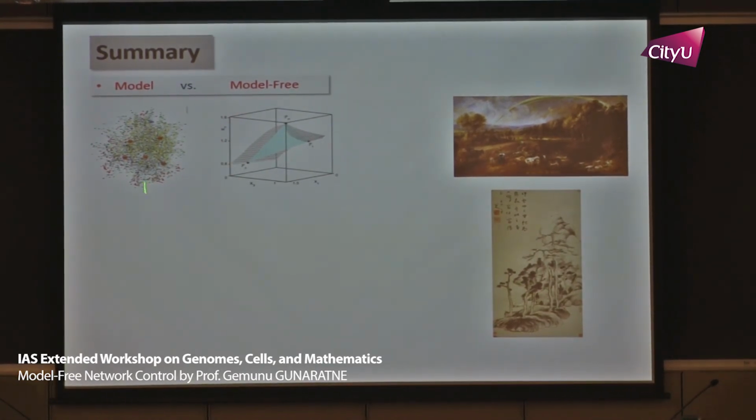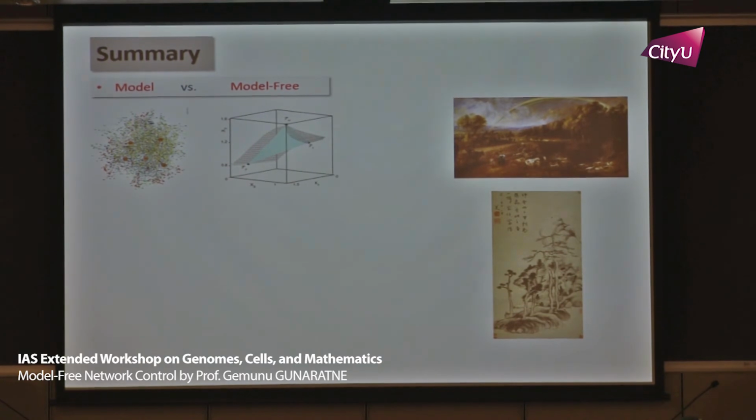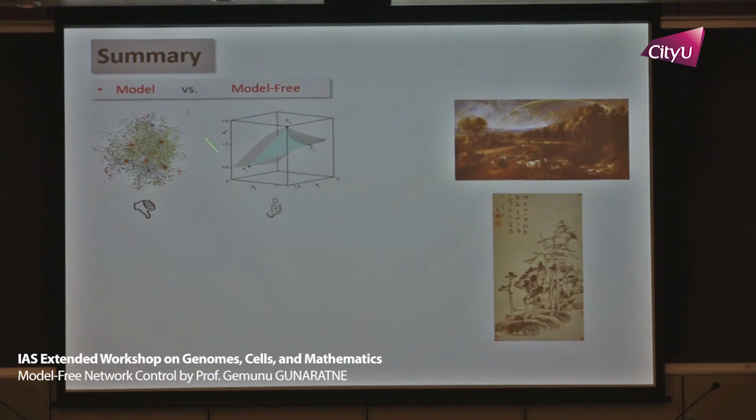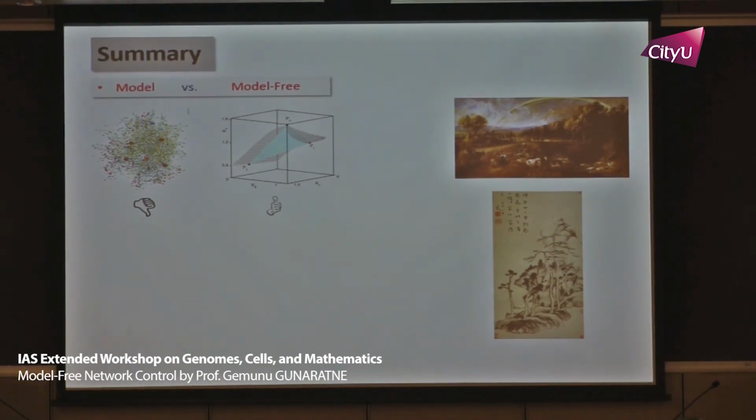Doing a realistic model of the gene network is like the first. This is more like looking at only a little bit that you want to see. What I hope is that I have convinced you that in some cases this might be a better approach, because these are complicated problems, and to go through all of these details might be too hard.